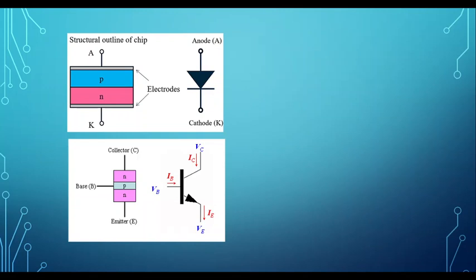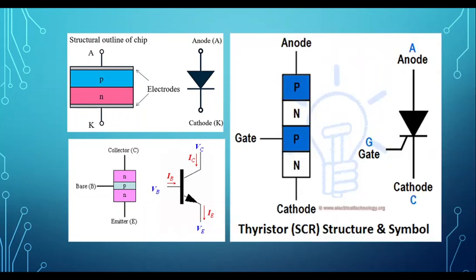If you notice, this is also the symbol for the transistor. And for the thyristor, we already have four layers, the P, N, P, N. And the terminals are designated as anode, gate, and cathode. The anode is still the positive, and the cathode is still the negative.